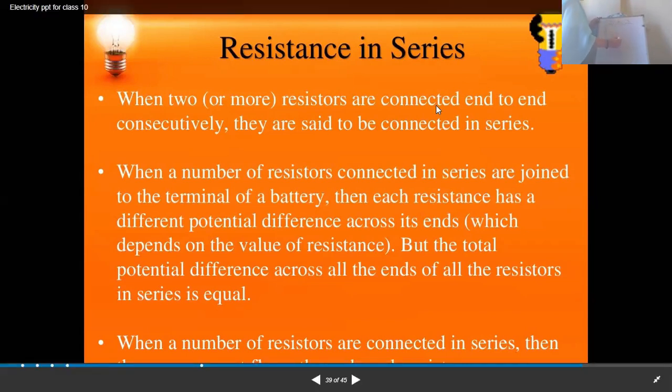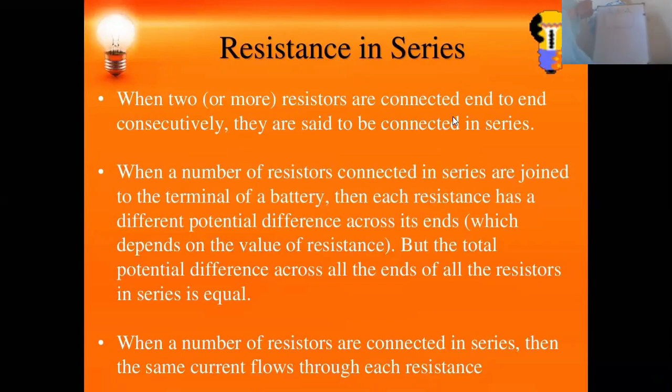Now, I need to connect the battery, a potential difference. Let the potential difference be V. But as you know, in series, on application of the potential V, which produces, let's say, current I through the series, the same current will flow through all the resistors, but the potential difference across each and every resistor will be different.